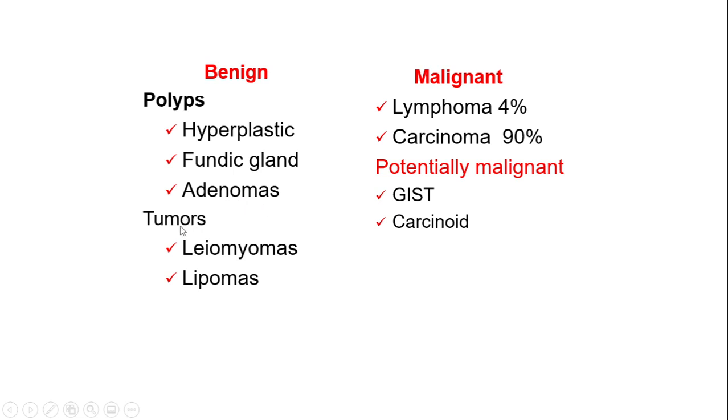Other benign tumors include leiomyoma, a benign tumor of smooth muscle, and lipoma, a benign tumor of adipose tissue.